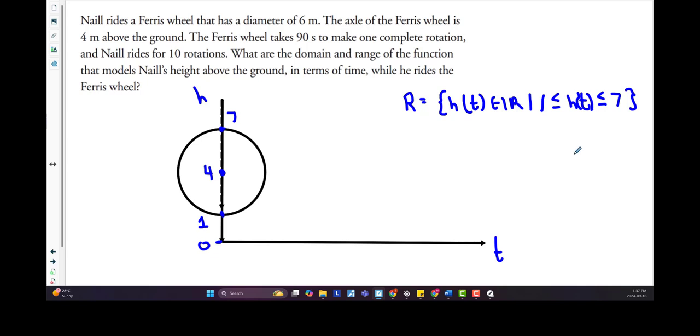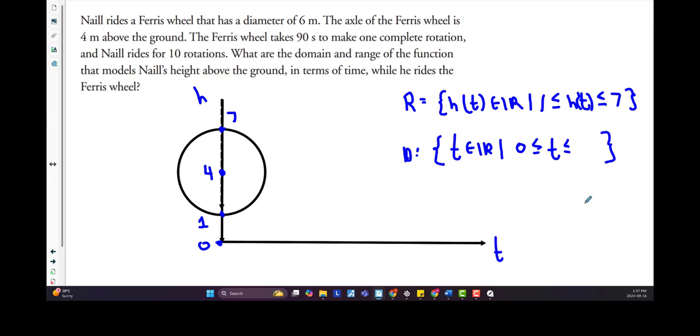What about domain? Well, we know that time starts at 0. So whenever we start recording Neil's height, t is going to be 0. So time similarly belongs to all the real numbers such that 0 is less than or equal to t. So what's the upper limit though?